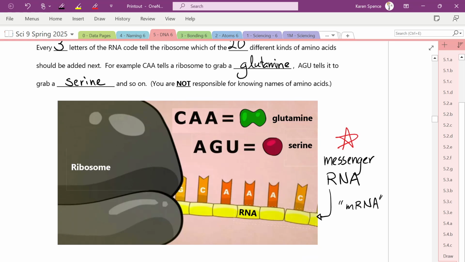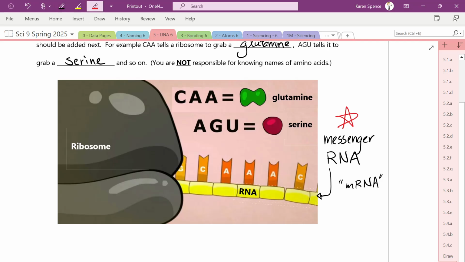One thing I want you to notice is that the m is a little m, and it's big RNA, capital RNA. We'll learn about two more types of RNA later on, but that's messenger RNA.